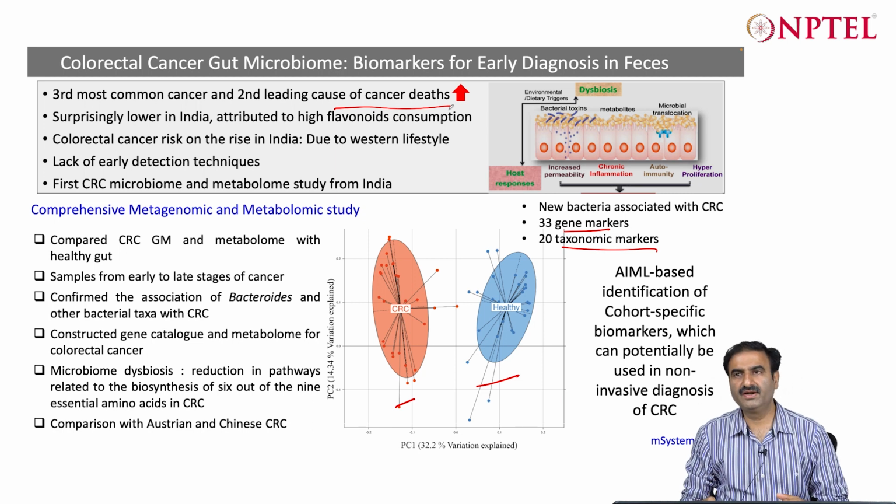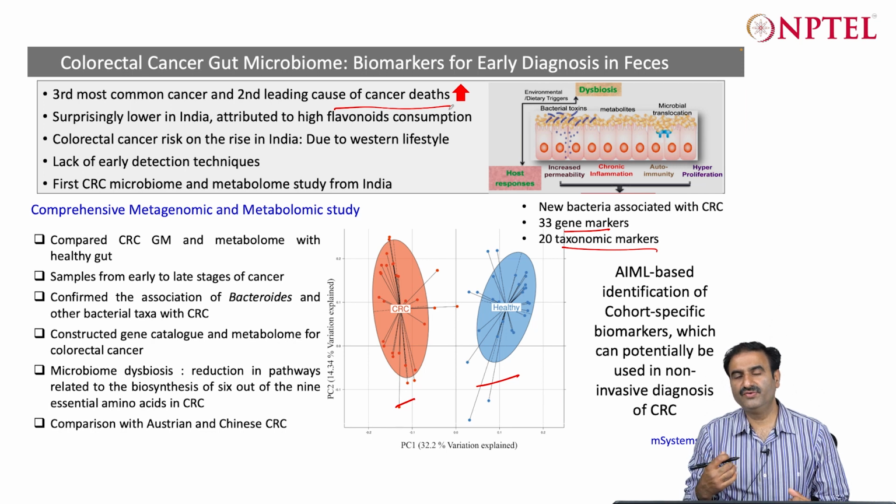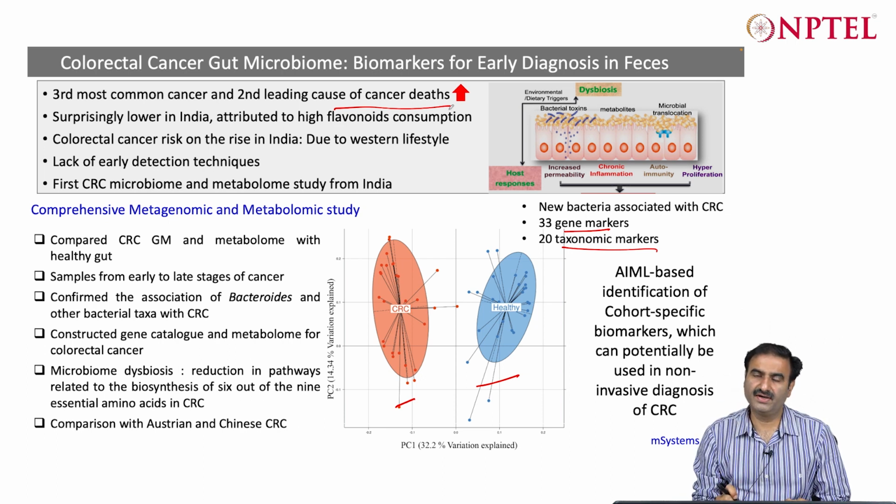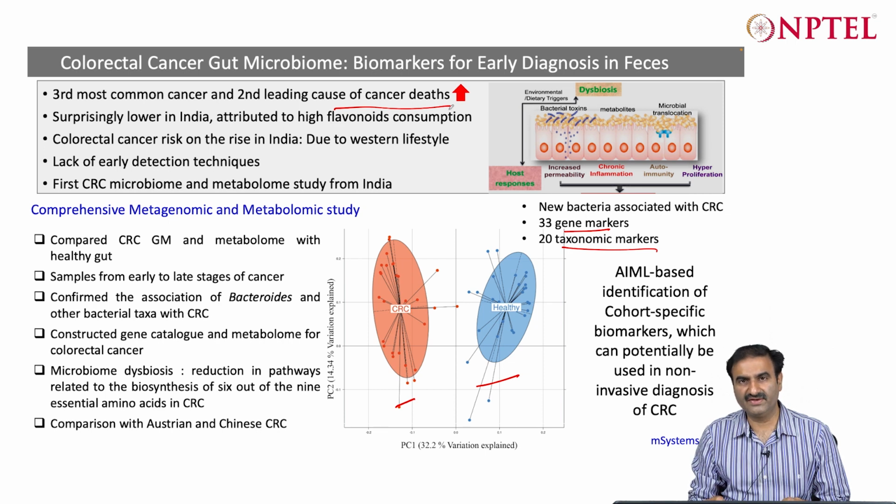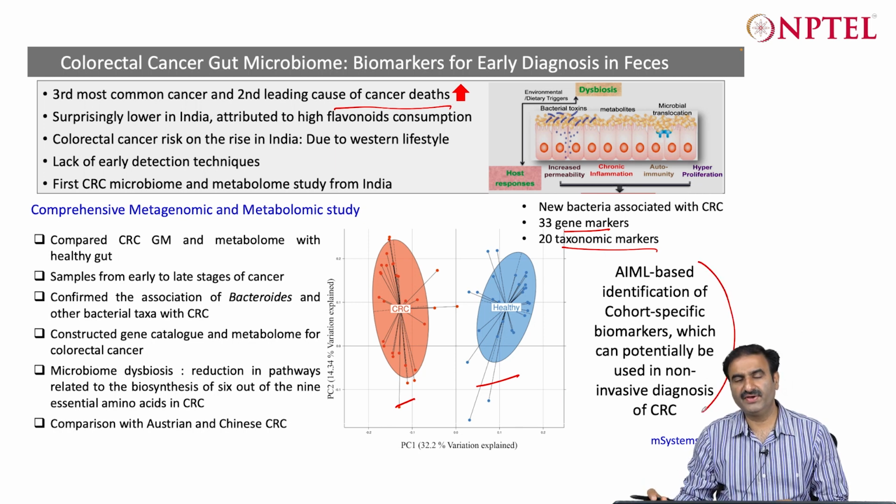Although in India it is less, it is increasing because of the Western diet. And if you can diagnose this early using the feces, without actually going for colonoscopy or biopsy, you can know only by the feces, by assessing these markers, whether there is a possibility or what stage, because it has 4 stages, and you can detect in any of the 4 stages of the cancer. So the microbiome, along with some data analysis using AI/ML-based approaches, can be used for diagnosing cancer at a very early stage.